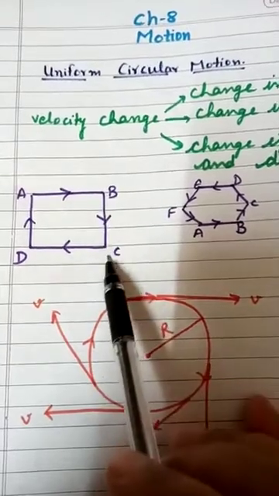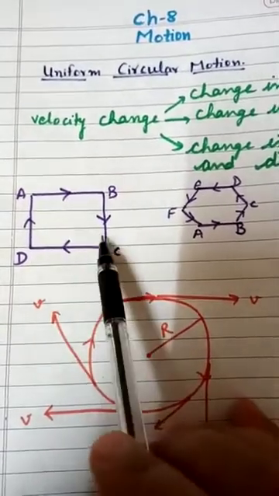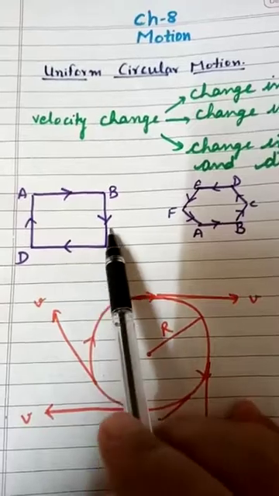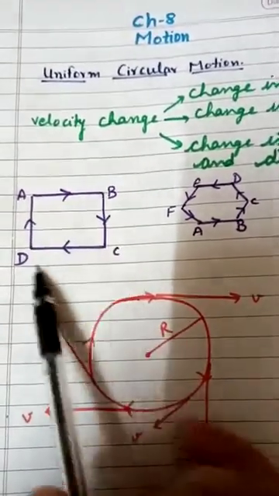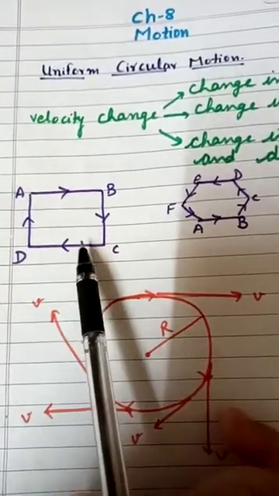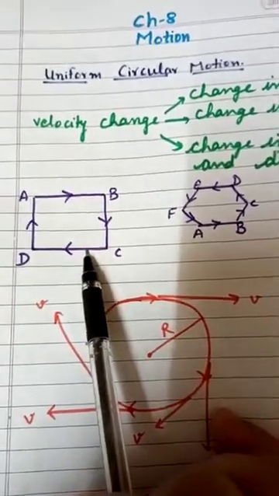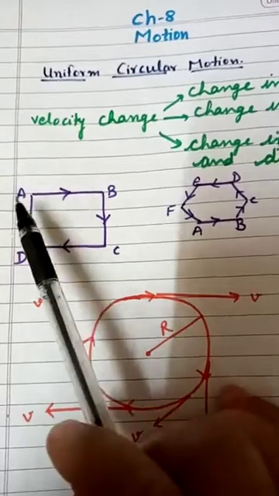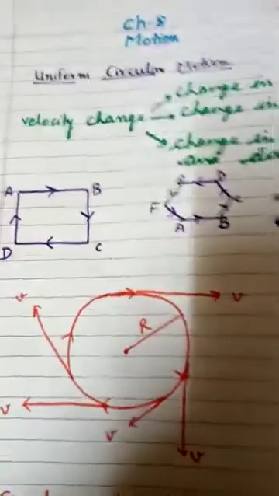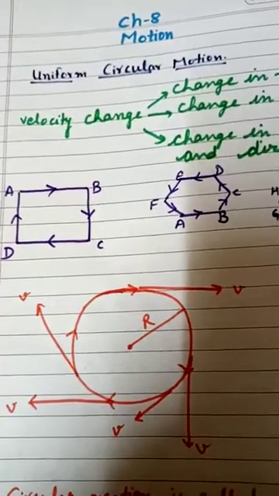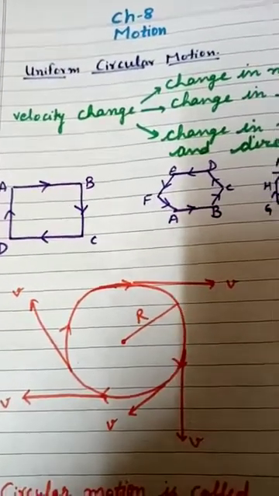Then from C to D, again it takes a turn and changes direction. That means in a square or rectangle, how many times does velocity change? 4 times. 4 sides are there, so direction changes 4 times, and velocity changes 4 times.